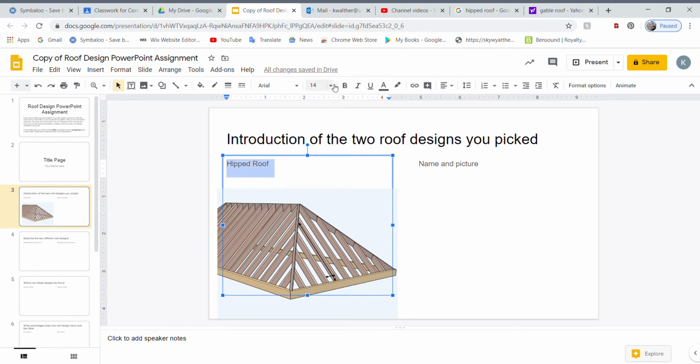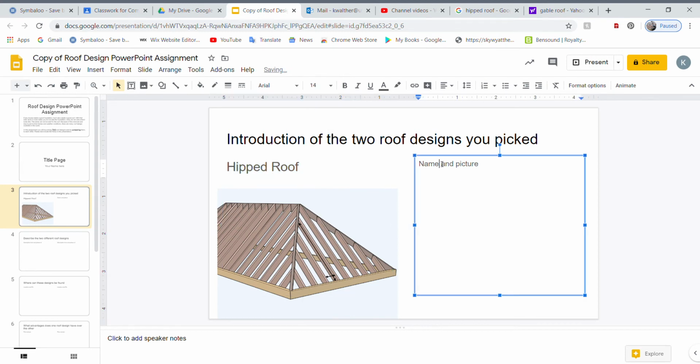I'm going to make my font bigger. And then I'm going to put hipped roof and gable roof. Again, I'm going to make my font bigger. Did I spell gable wrong? Yes, I did. Go figure. I'm going to make my font pretty big right off the get-go. I think I picked 24.